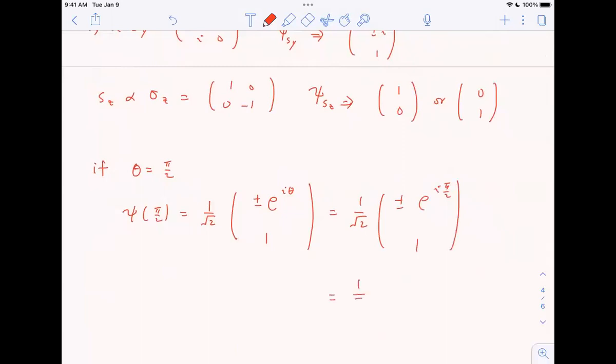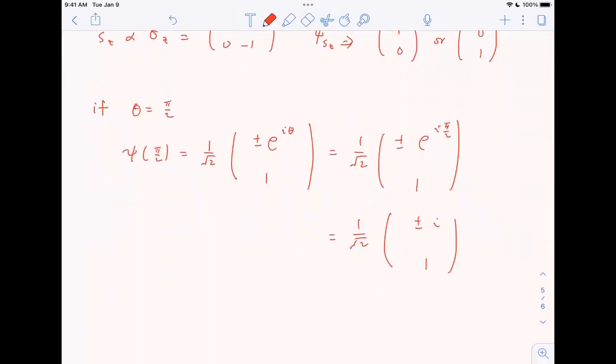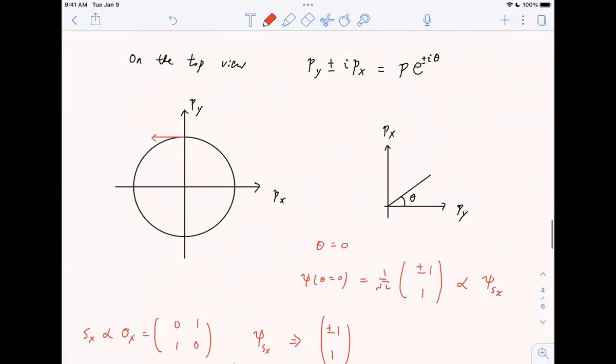And then this will be plus and minus i. Is that okay? And then this will be pointing in the SY direction because this is the eigenstate of SY. So if you plot it out, it will be pointing in the Y direction. This will be SY. This will be SX.